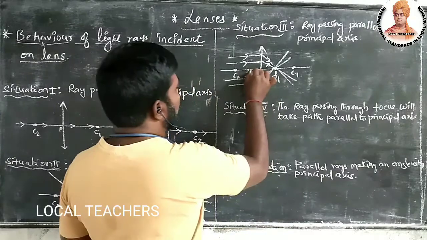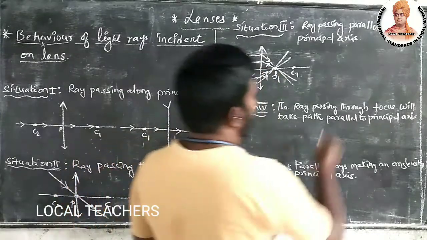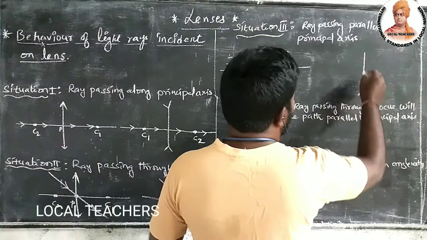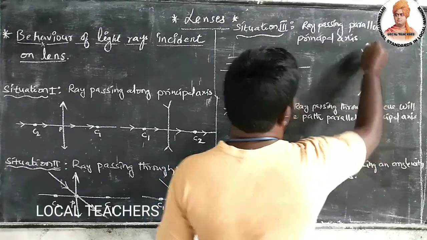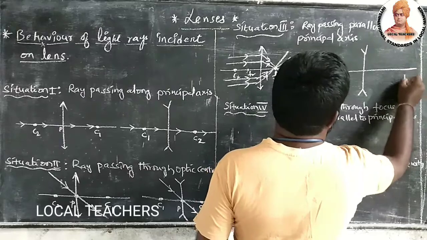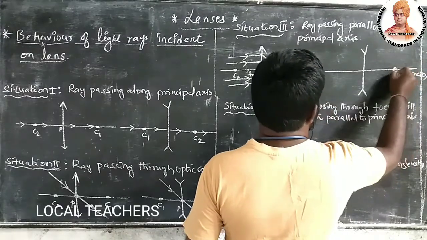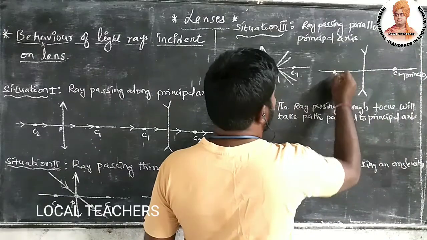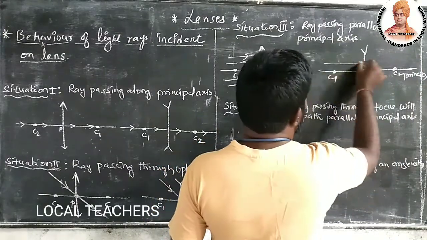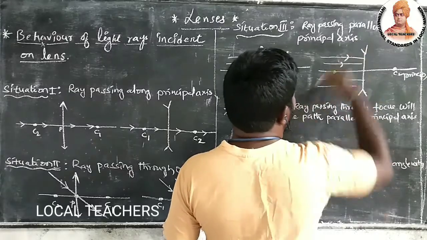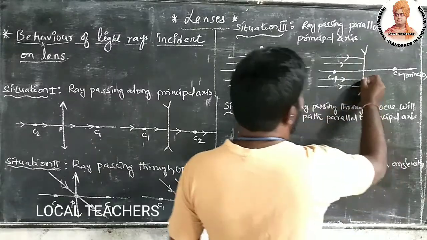Next I am drawing this for a concave lens. Here also this is the principal axis, this is C2 and this is C1. These are the parallel rays which fall on the concave lens.